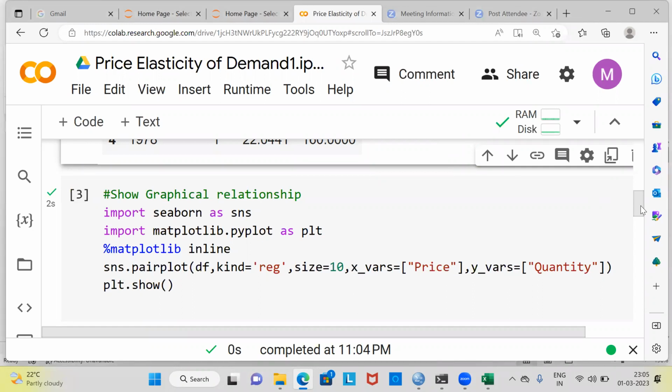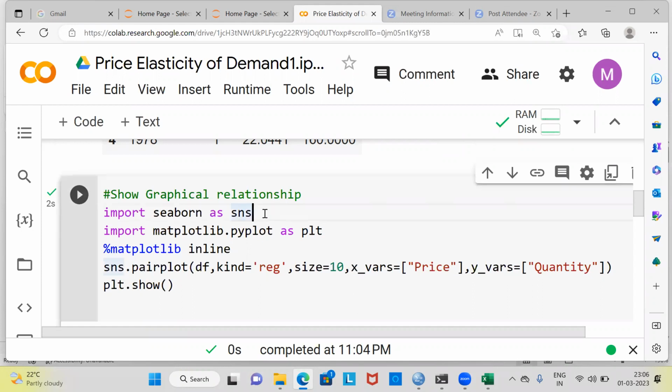I like to create a simple scatter plot to study how quantity is affected by changing price. As you can see here, I'm importing the Seaborn library. I'm also importing the matplotlib library. Then I'm using a simple command which is called sns.pairplot.